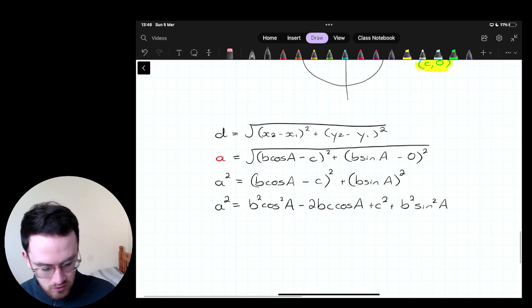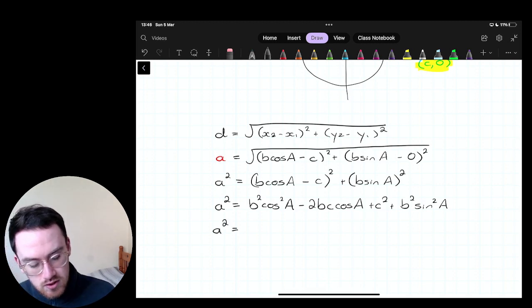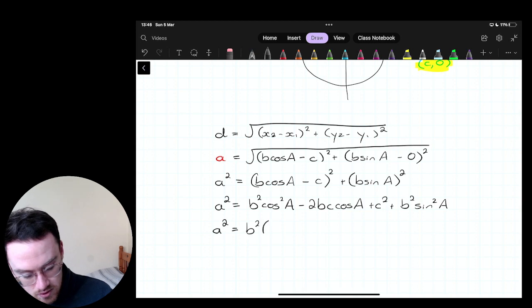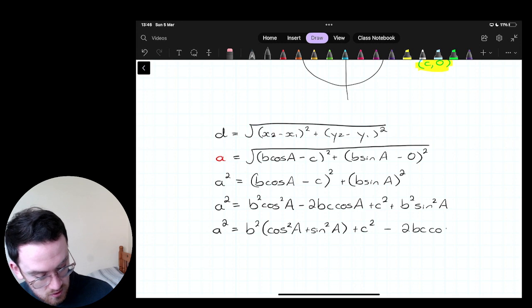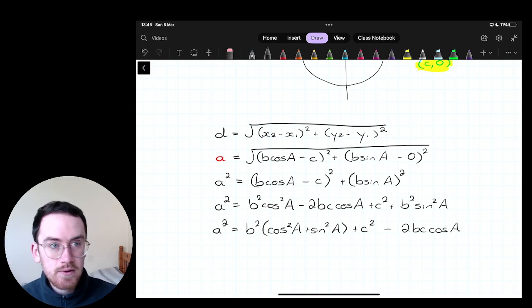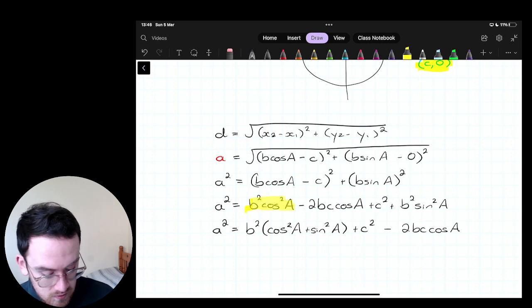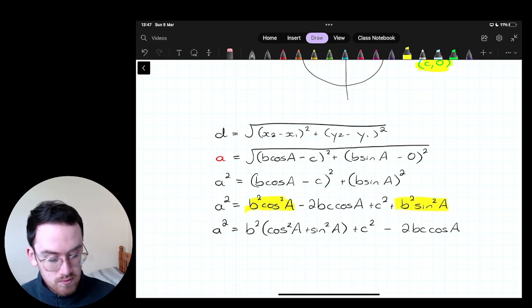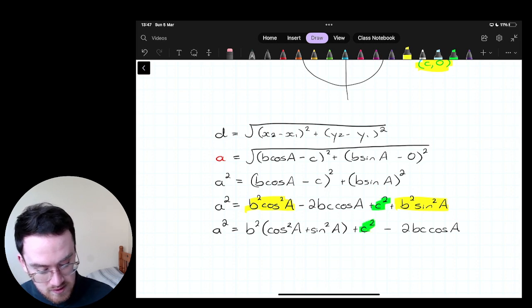Continuing on, a squared is equal to, what I'm going to do now is take out a factor of b squared, which gives me cos squared A plus sin squared A. I'm going to have my c squared, and then my minus 2bc cos A. We can probably see how I'm trying to rearrange this: taking the two terms that had b squared in them, the c squared, and then the 2bc cos A at the end.